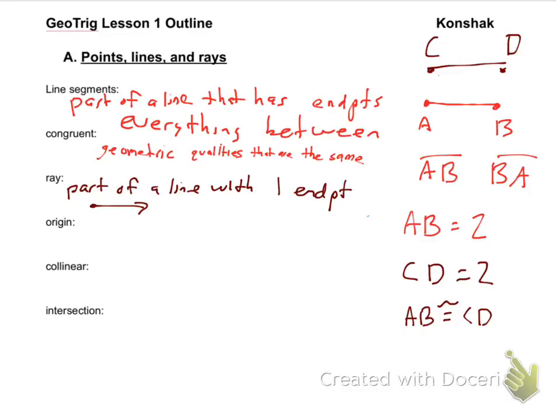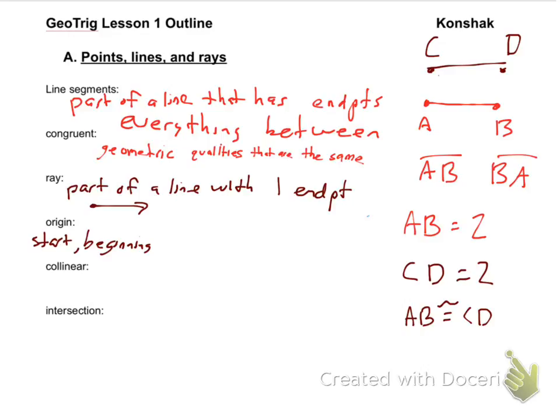What's the origin? I think of the origin as the start or the beginning. Okay? The origin is the start or the beginning point. Now the origin in different graphs can mean different things.